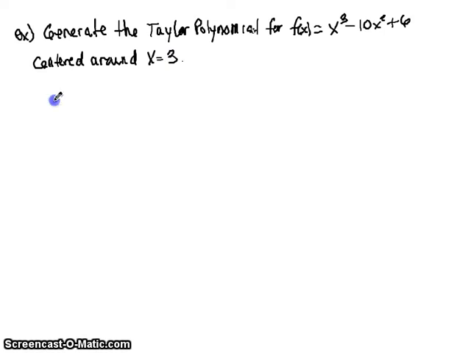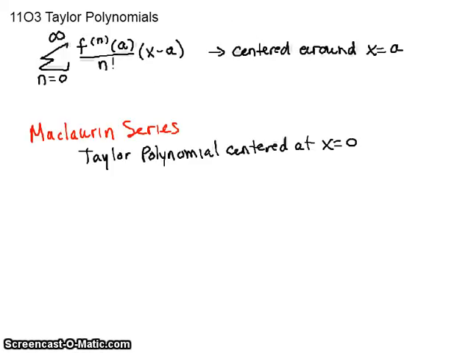So if we think about what we just wrote down a second ago, and I just realized I left off an exponent, so we should go back, and this is x minus a to the n power.